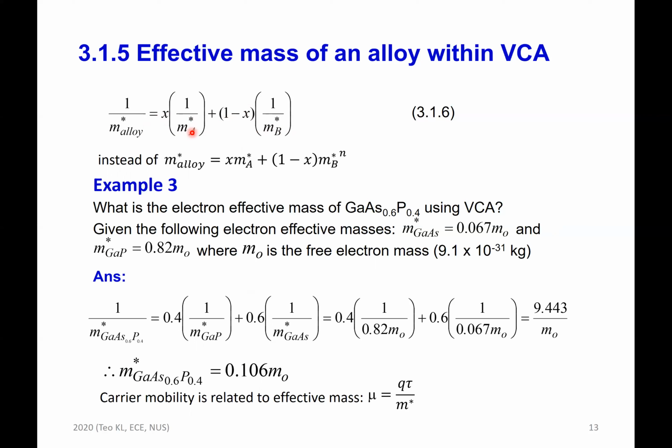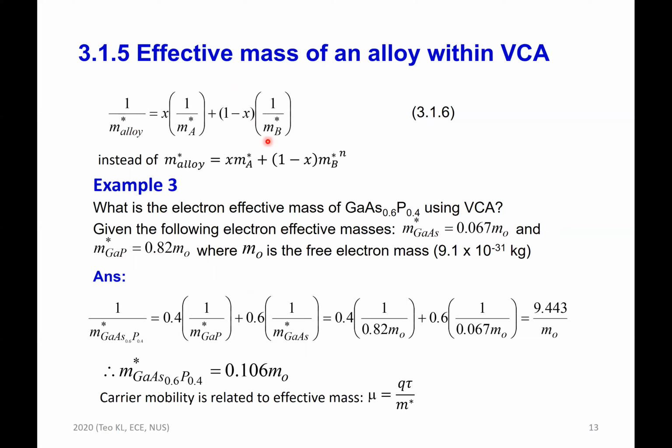So for example, what is the electron effective mass of gallium arsenide phosphide using the virtual crystal approximation? Now, given the electron effective mass of gallium arsenide to be 0.067 m naught, and the effective mass of gallium phosphide to be 0.2 m naught, where m naught is the free electron mass.